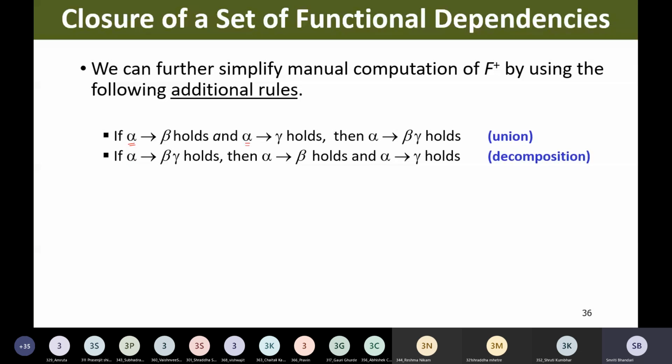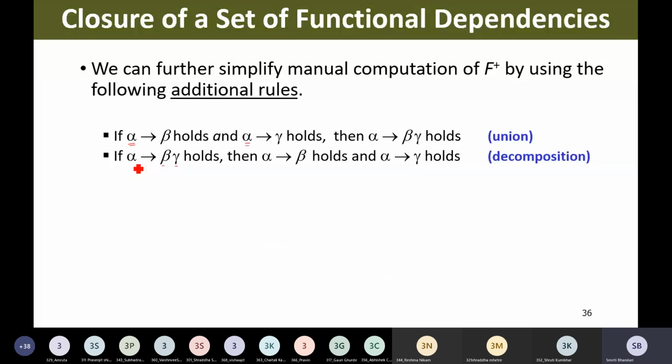Next is the decomposition rule. So what this rule says, if we have a dependency like alpha determining beta gamma, then we may come up with new functional dependencies like alpha determining beta and alpha determining gamma. So here beta and gamma are attributes or sets of attributes.